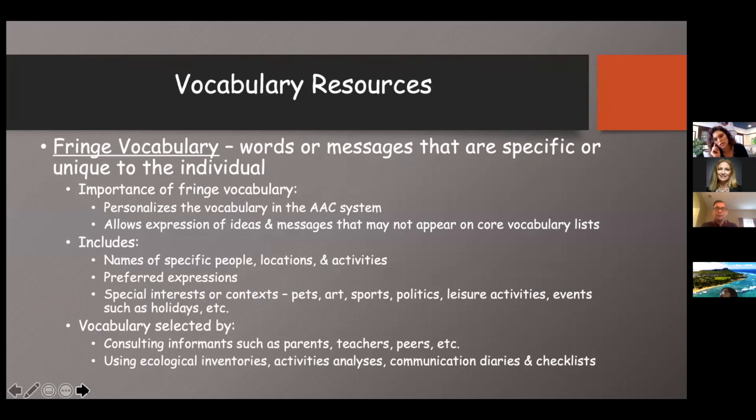Your fringe vocabulary, that's the vocabulary that's very specific to specific environments. Like if you went to a doctor's office, there's going to be some vocabulary there that you probably don't say other times. If you're going to go to the zoo, you're probably going to be talking a lot about animals. So that vocabulary would be very specific to the zoo.